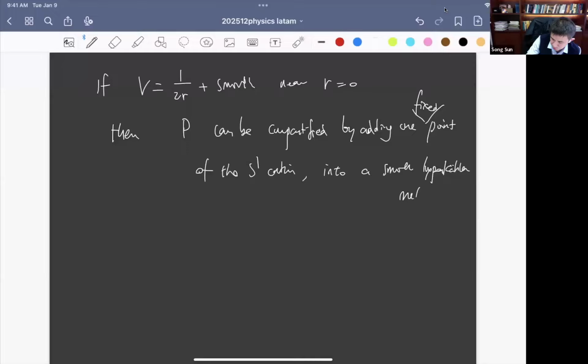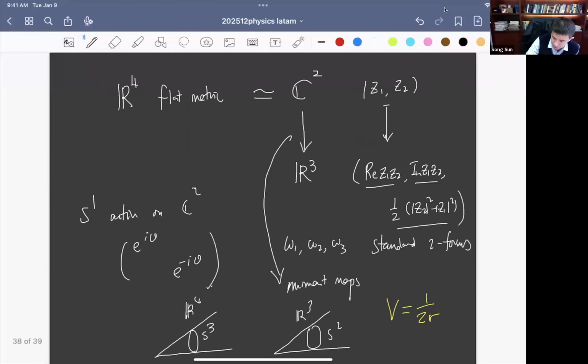So even though V is singular, the corresponding metric can be compactified. Then the local model is given by this flat R4.